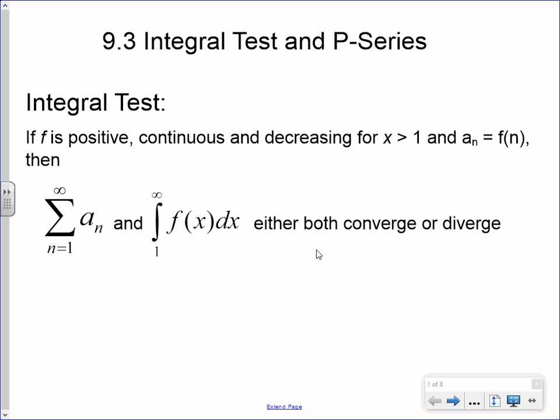Now, unlike the 2 tests for convergence that we learned Monday, Friday, we do not know what this converges to.